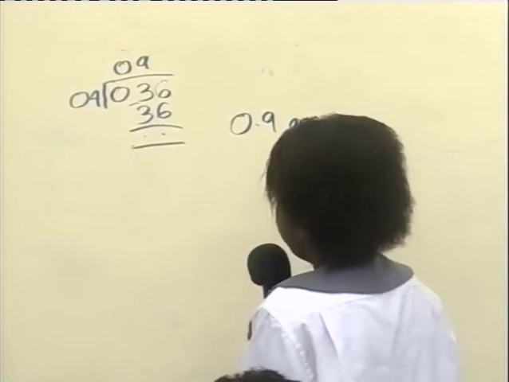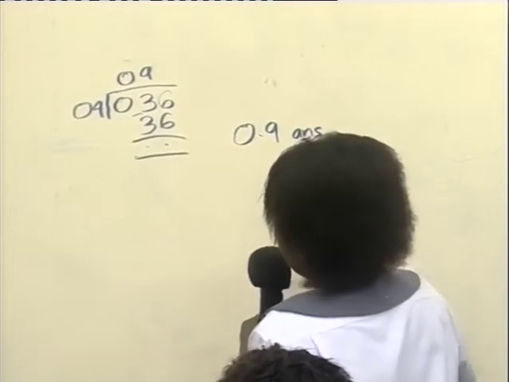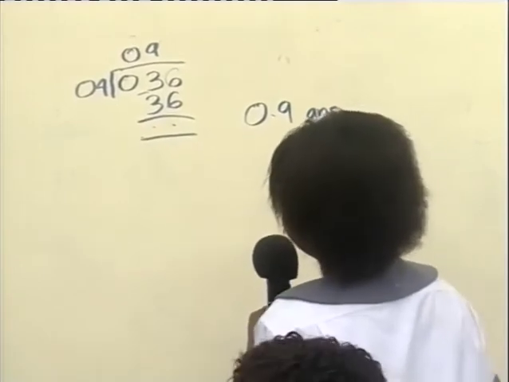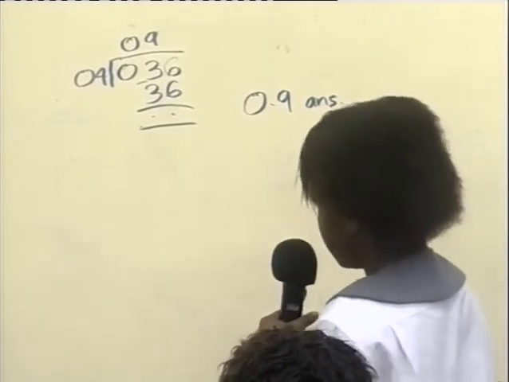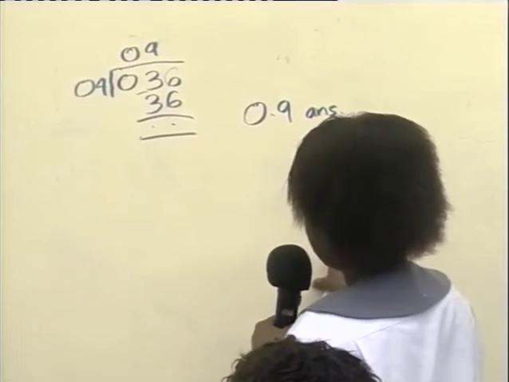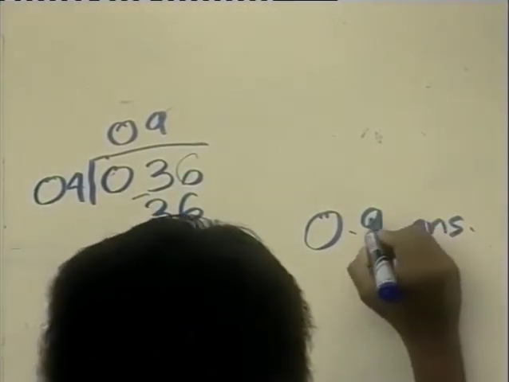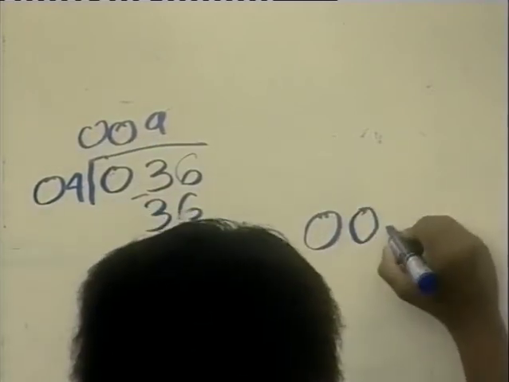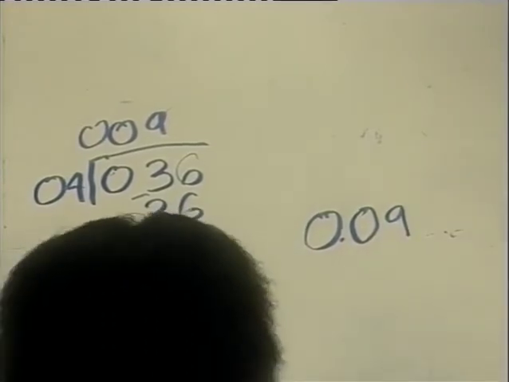First, I divide 0.4 by 0.36, and 0.4 into 0 goes, it's nothing, and 0.4 into 36 goes 9 times. 9 times 4 is 36. 36 take away 36 is 0, so my answer is 0. So my answer is 0.09.